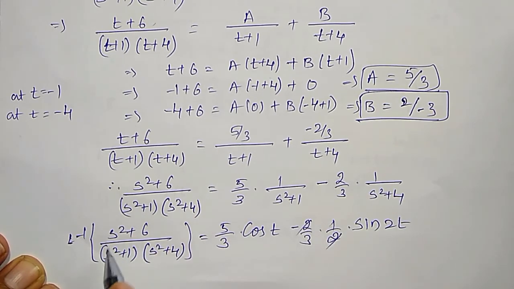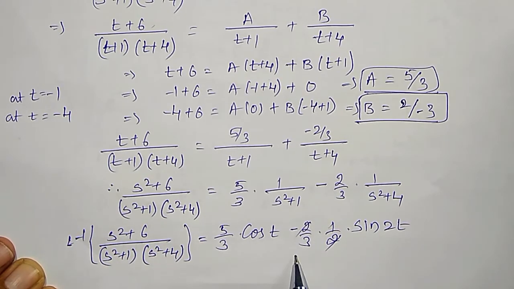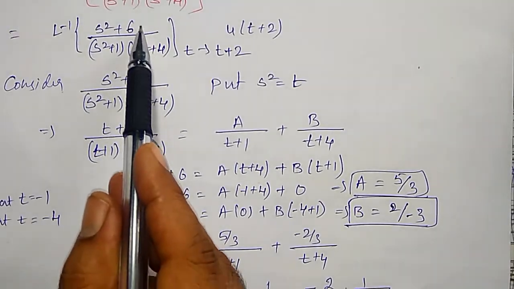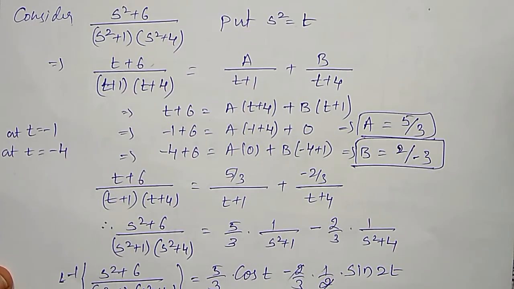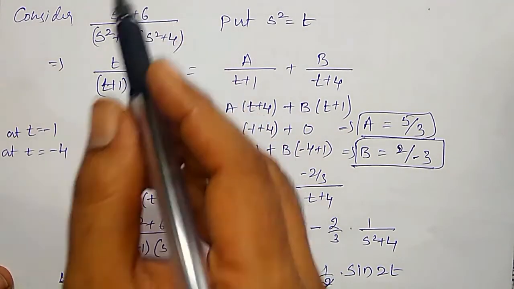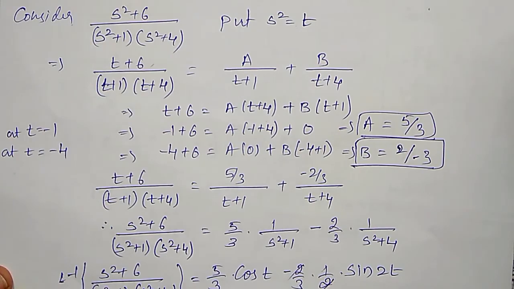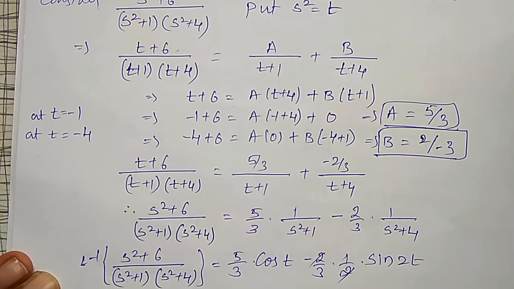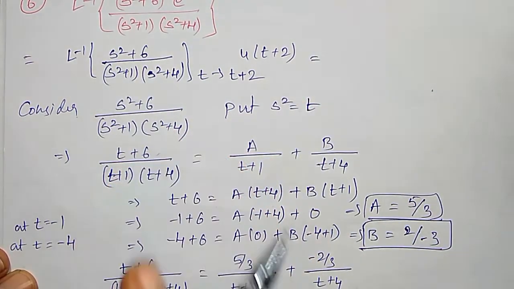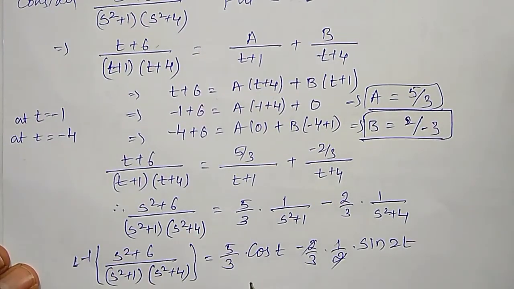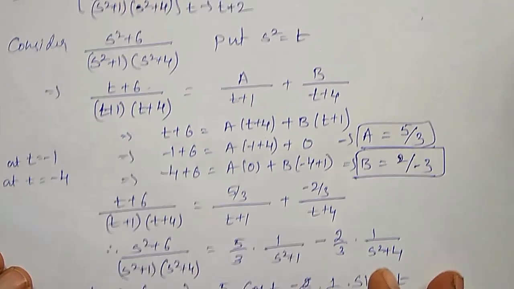Okay, this 2 cancels. This is the inverse Laplace transform of this term. In this, t is replaced by t plus 2, and I will get the required answer. I have calculated its inverse Laplace transform as 5 by 3 cos t. In this t is replaced by t plus 2.